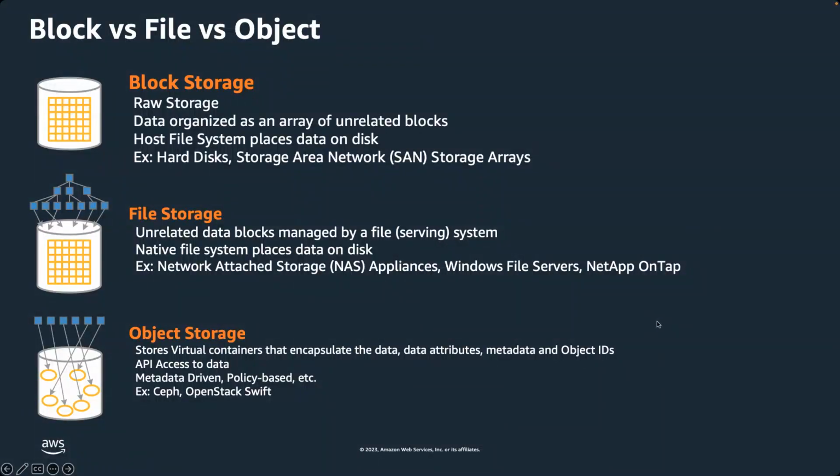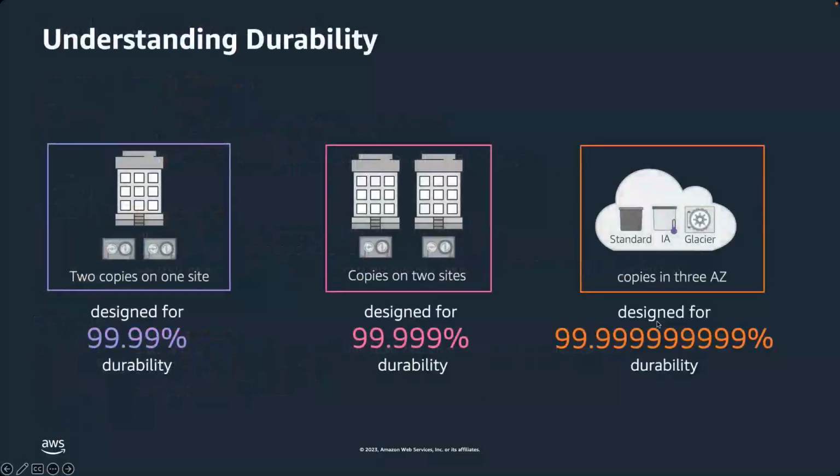Just to understand two key terms, starting with durability. Durability measures the probability of losing data. This is the difference between having two copies on one site, meaning a single data center with two copies, and copies on two sites, which gives 99.99% durability.